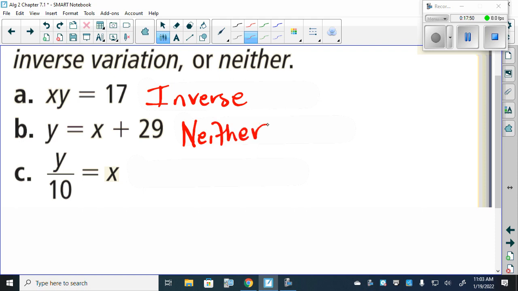And lastly, direct. Yeah, because we can think of the last one as y is equal to 10x, or 1/10 times x. 1/10 times y is equal to x. Any other questions on these here?